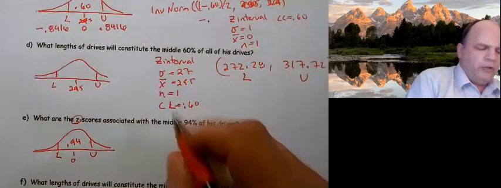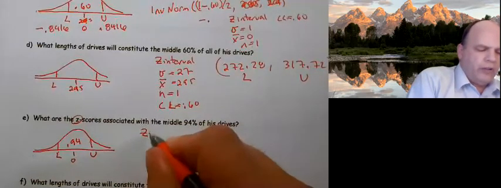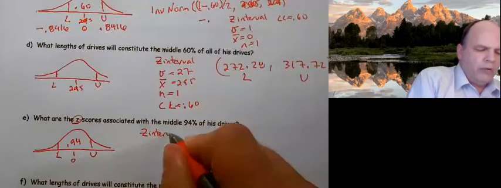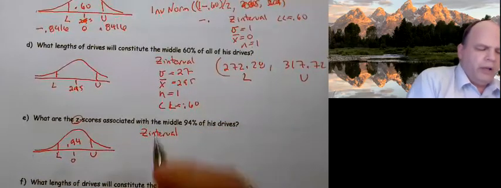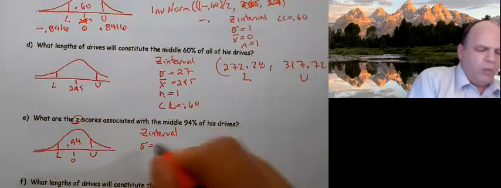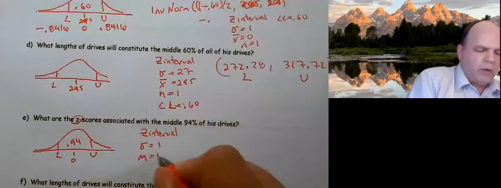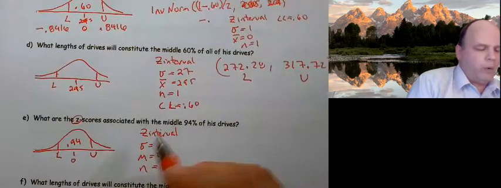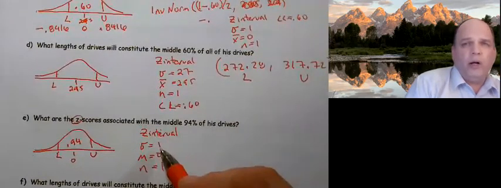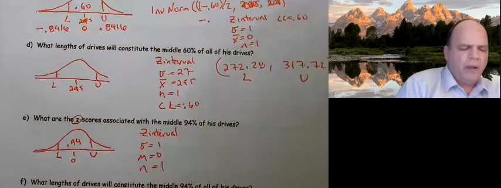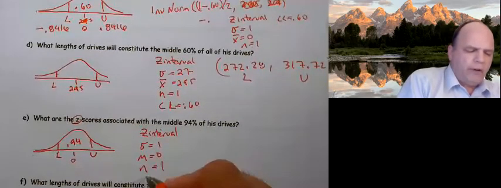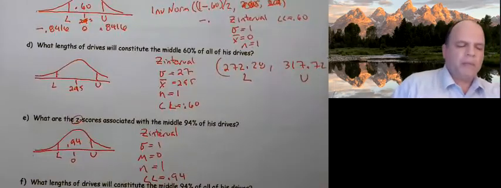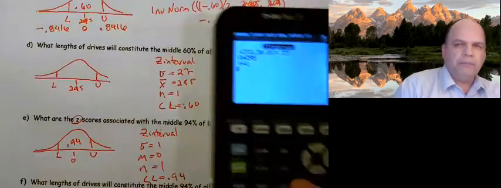And I'm going to go ahead and do this as a z-interval route just because I think it's easier. So with the z-interval route, the standard deviation is 1, the mean is 0, and n is 1. This will always be for a z. When we're working with a z, it's 1, 0, 1 every single time. All right? And then we have a confidence level equal to 0.94. So let's try this one out.